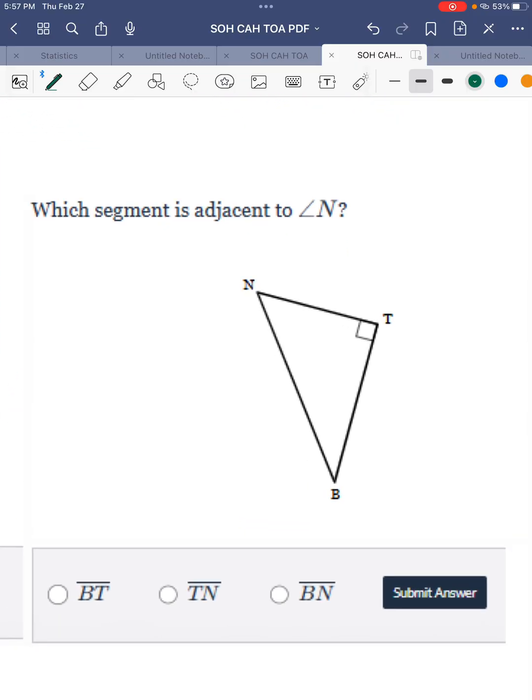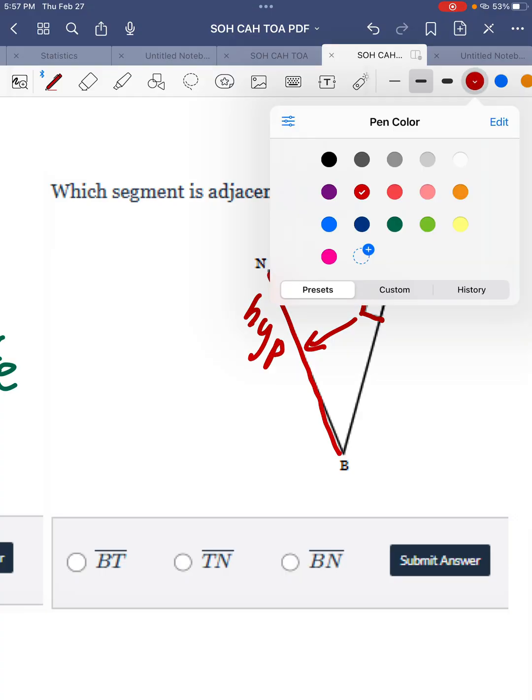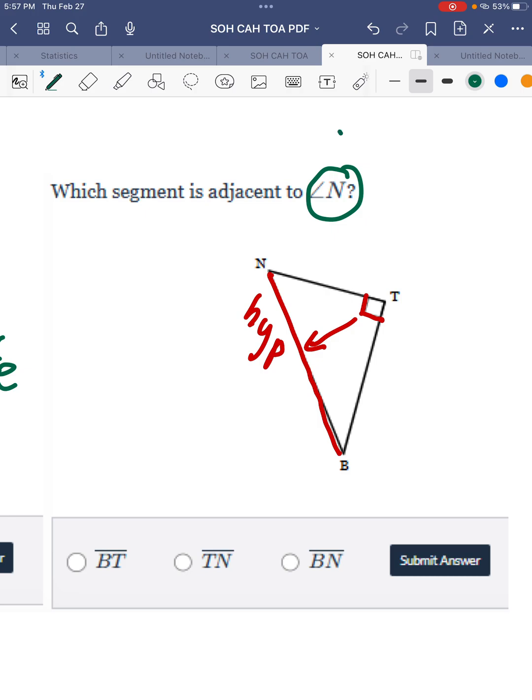All right, let's look at example 2. First, I'm going to label my right angle. Opposite of that is my hypotenuse. Next, I'm going to label the angle that it gives me with the theta. So it gives me angle N, so that's my theta.